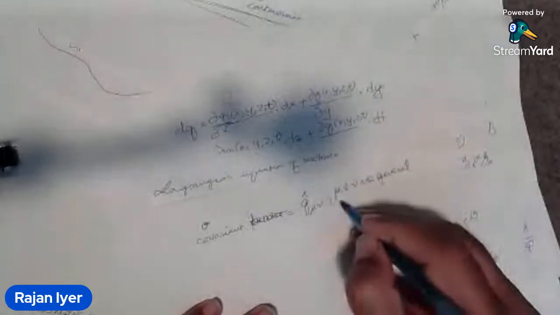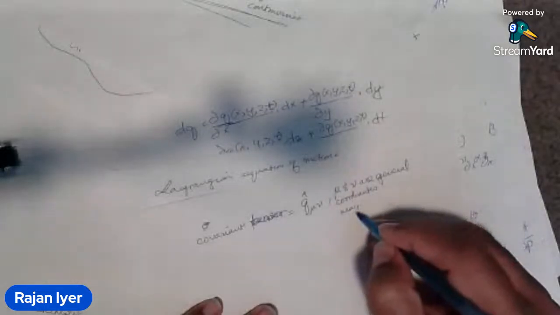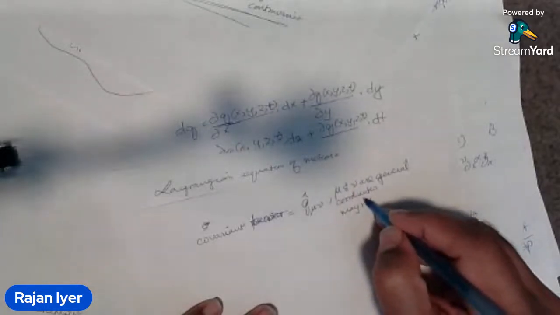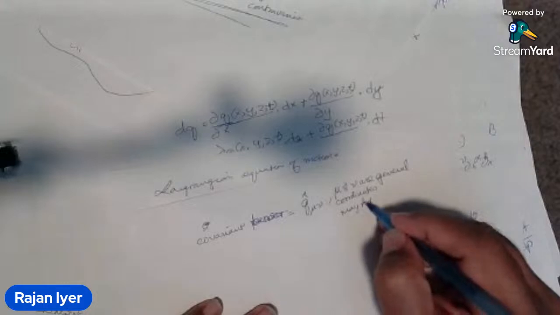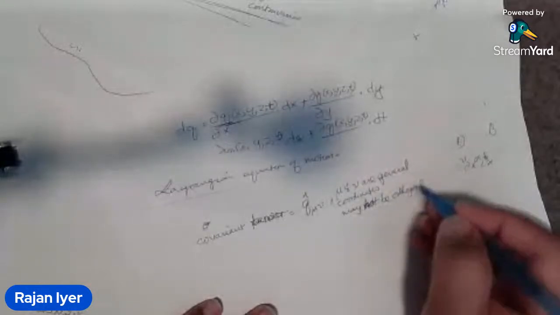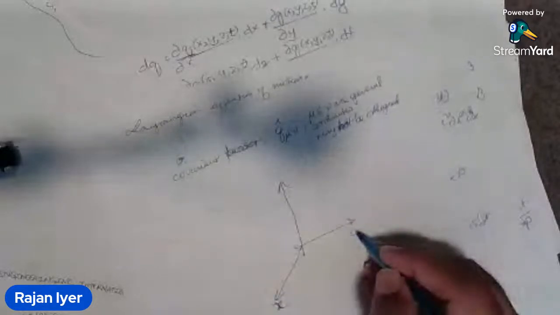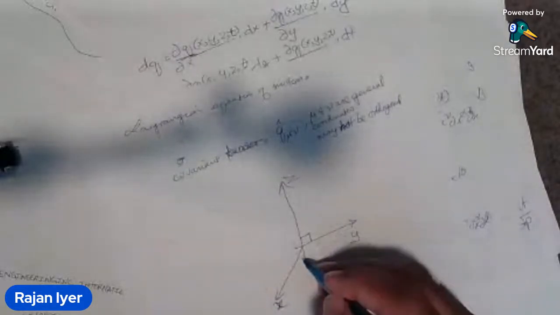May not be orthogonal, let's say. So if you do the geometry, this is our Euclidean: you have X, Y, and Z. They are orthogonal, right?